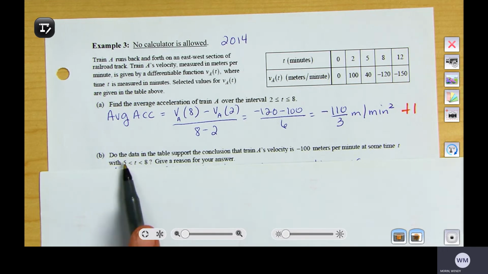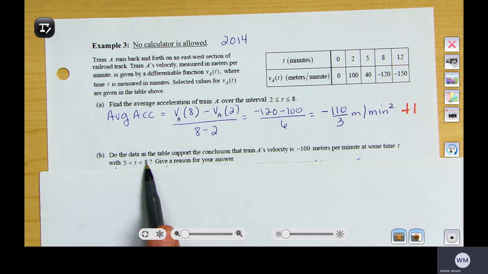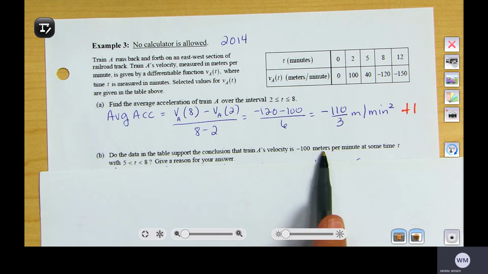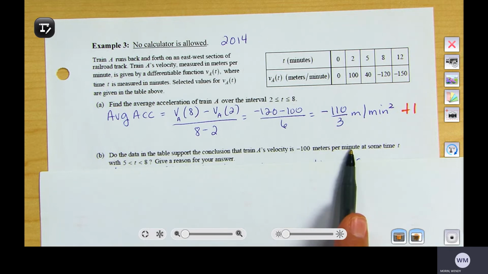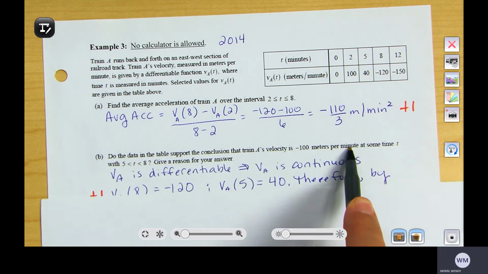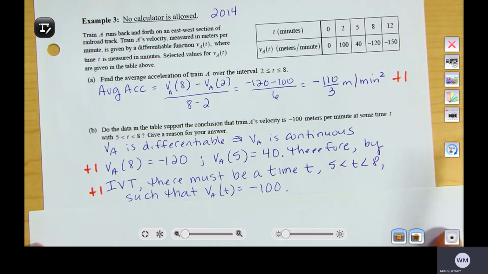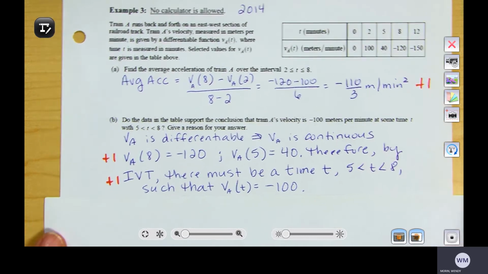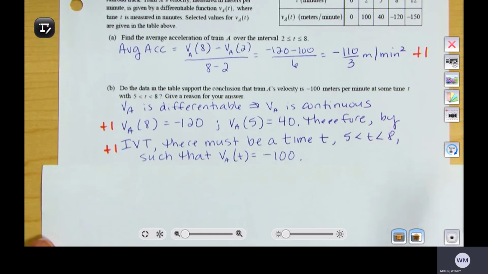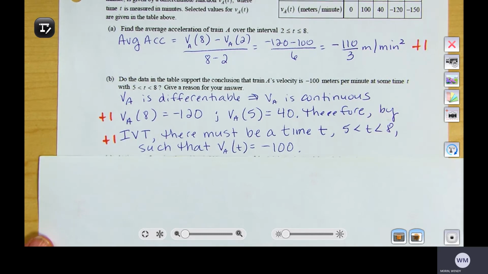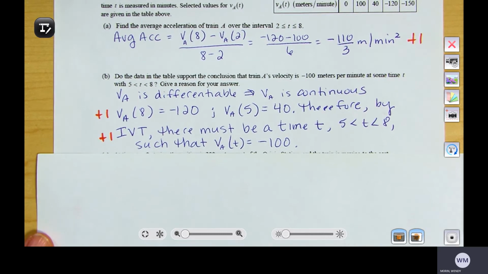At some time between 5 and 8, the train's velocity is negative 100 meters per minute. Well, that sounds to me like we're talking about the intermediate value theorem. Remember that? So what does the intermediate value theorem state?